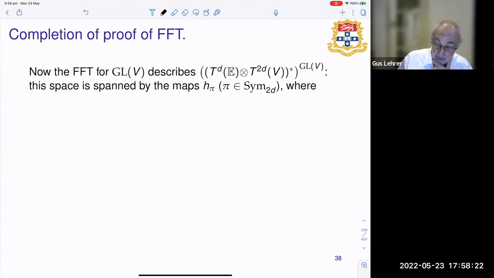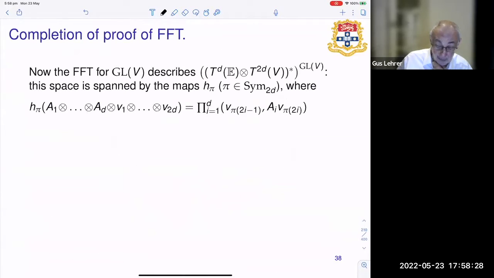So this space here is spanned by the maps H pi. We've seen this before. H pi of this is equal to the pi's in the symmetric group of degree 2D. So we permute the elements of the tensor, and then we just take this product.